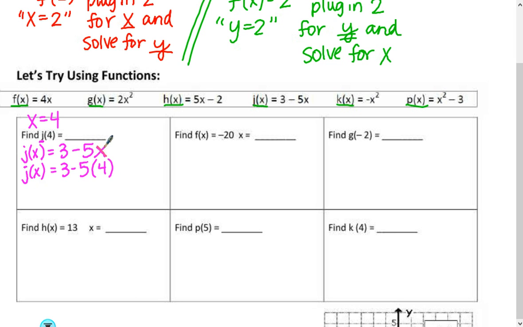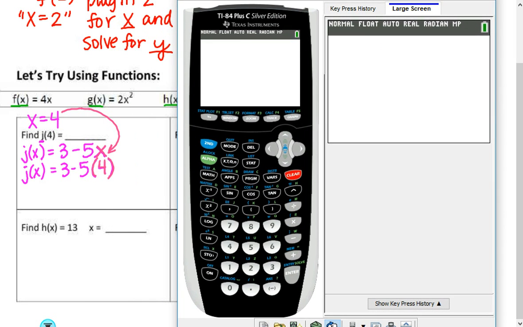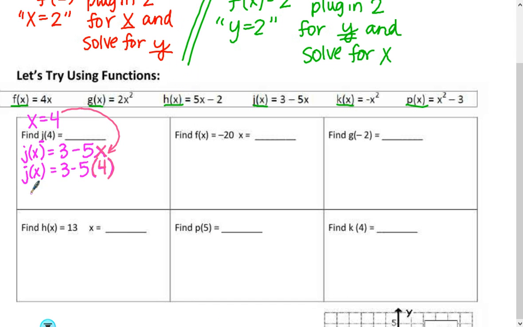Alright, it's really important here, guys, that you are using those parentheses. So all I did was I plugged in this 4 in place of the x. And then we simplify. You can plug that whole bit into your calculator at one time. 3 minus 5 times 4. And we get negative 17. Alright, so j of x equals negative 17. And that would be my answer right here.